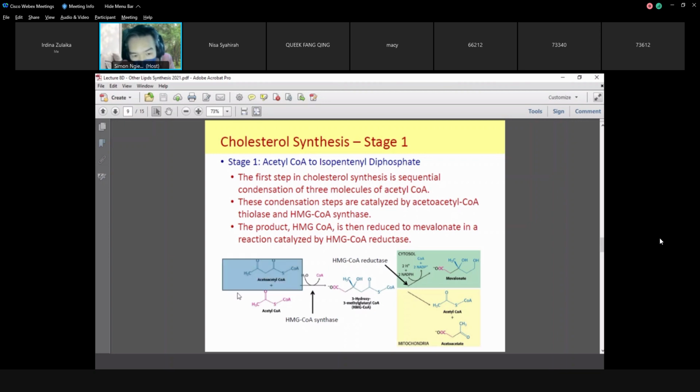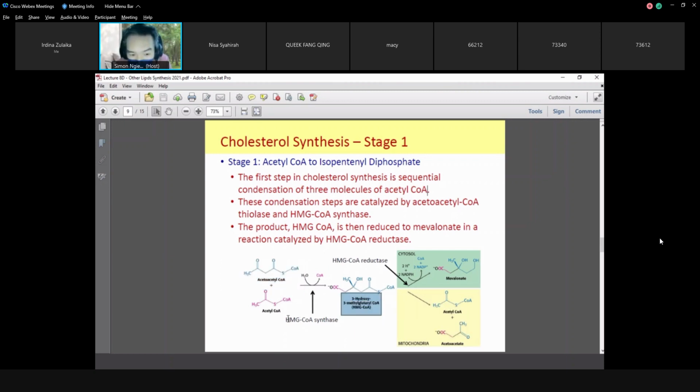With the help of HMG-CoA synthase, this is converted into a six carbon member, abbreviated as HMG-CoA. HMG is the abbreviation for the full name.